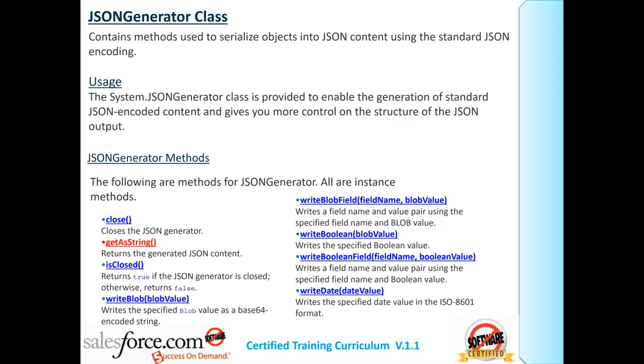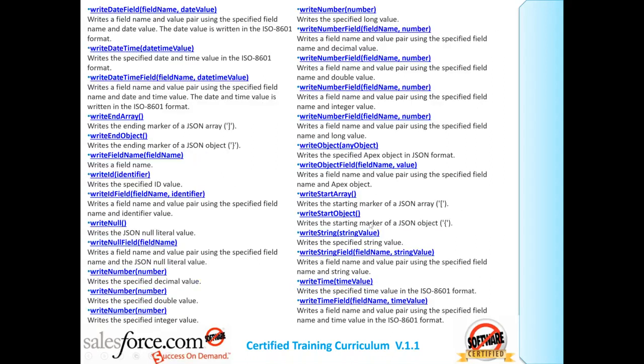Here you have a lot of lists, and many methods are available: write ID, write string, write number, start of array, end of array, write decimal, write date, write time, write date and time. Because you have to write manually.